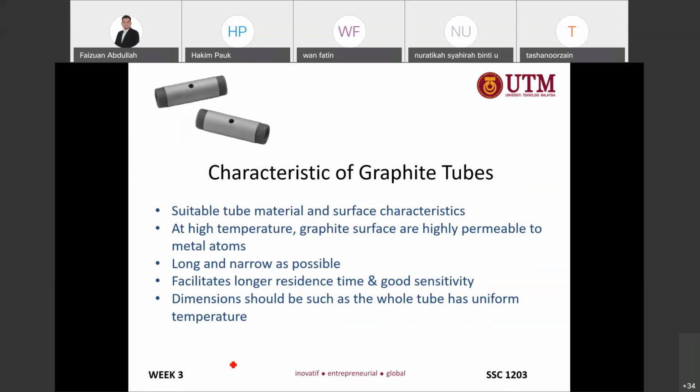At high temperature, graphite surfaces are highly permeable to metal atoms. Possible. Facilitates longer residence time and good sensitivity. Dimensions should be such that the whole tube has uniform temperature. Okay, that is the characteristic of the graphite tube.